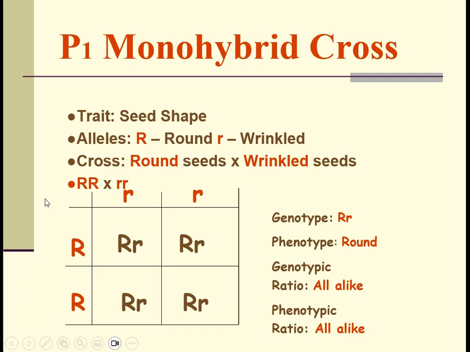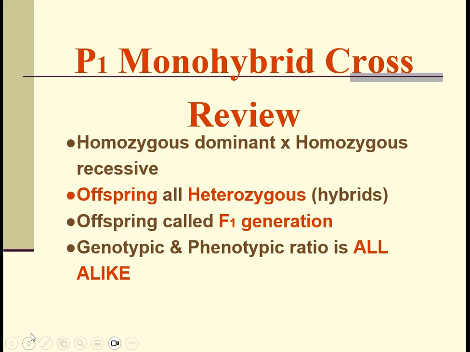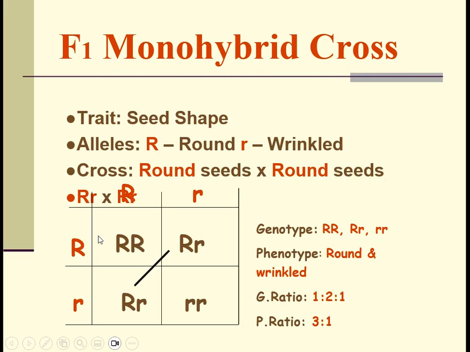This is a monohybrid cross. The P1: homozygous dominant into homozygous recessive. Offspring: all heterozygous hybrids, called the F1 generation. Genotypic and phenotypic ratio is all alike. F1 monohybrid cross.